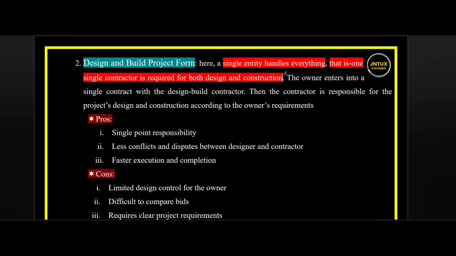So as we have seen in the previous one, that is design bid build, there are two people required for the project completion, one for the design, one for the construction. But whereas in design and build project form, there is only one single entity. That means the owner goes to one single contractor who handles both the design and construction part, and the contractor moves the project as per the owner's requirement.